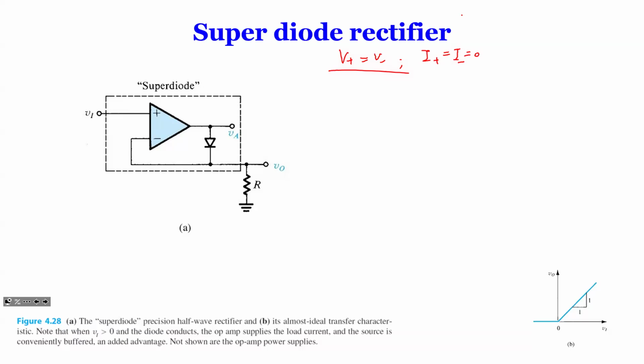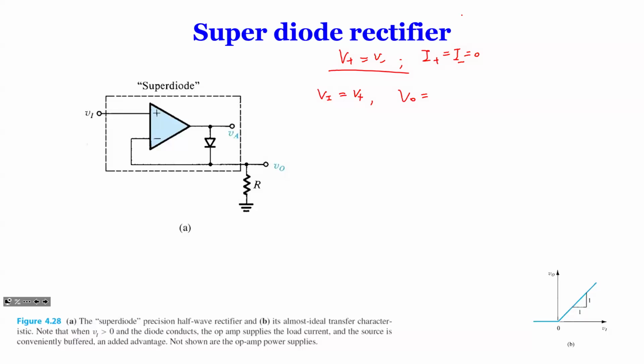So in this case, we connect Vi to V plus. Okay, so what would you get at VO? You look at the circuit, VO is connected to where? To the minus sign, right? And V minus is the same as V in.